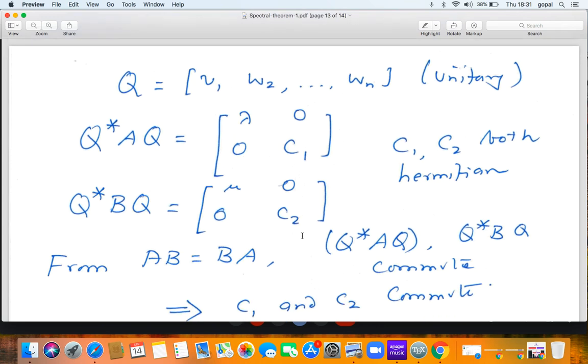But now I have AB equal to BA. AB equal to BA means Q star ABQ equals Q star BAQ. Now between A and B, put a QQ star, and you'll get that Q star AQ and Q star BQ commute. If Q star AQ and Q star BQ commute, that means C1 and C2 must commute.